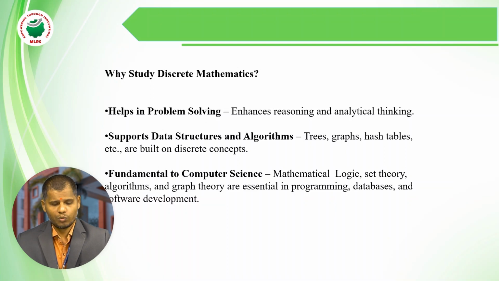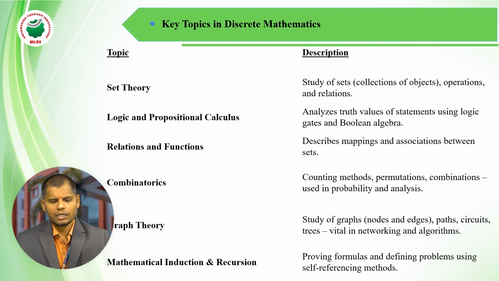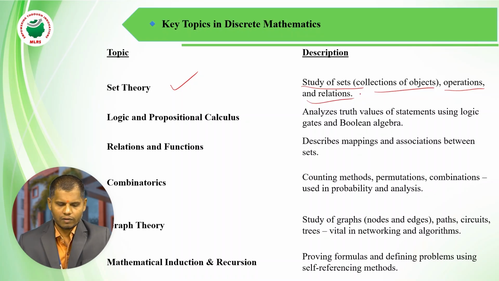Next we will discuss the major key points in discrete mathematics. First, set theory. Set theory is one of the key topics in discrete mathematics. It covers the study of sets, collections of objects, operations and relations. Next, logic and propositional calculus.